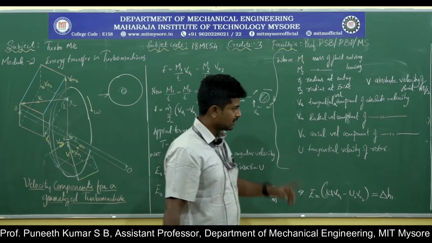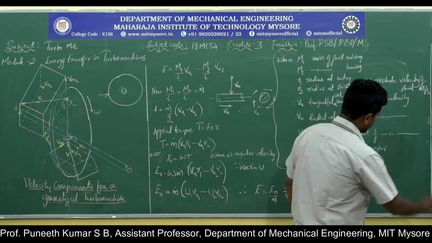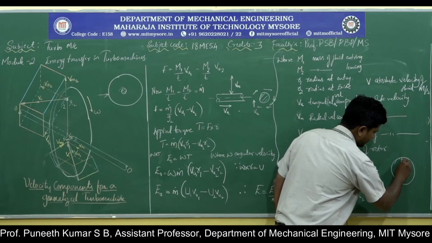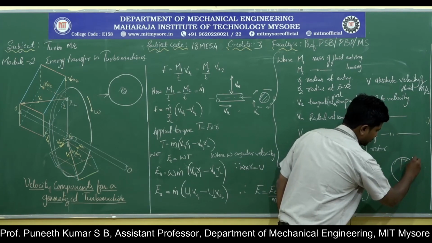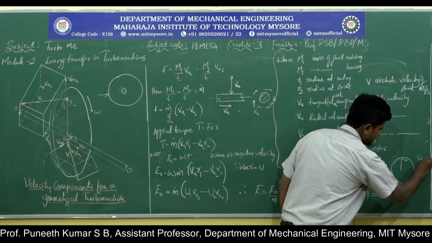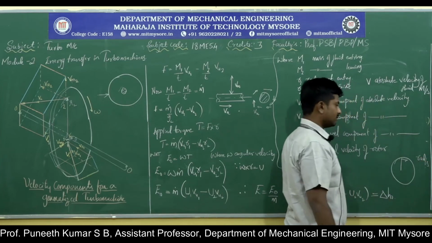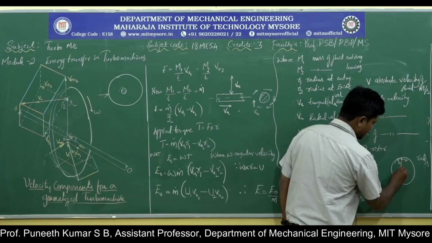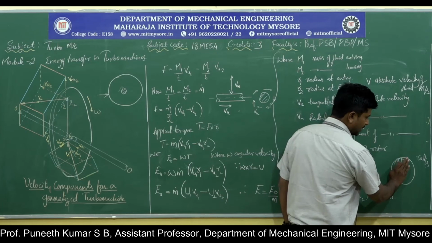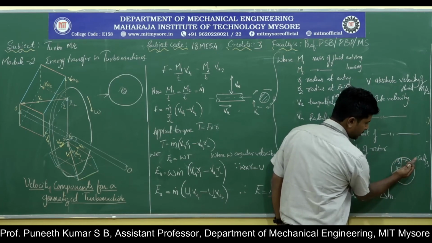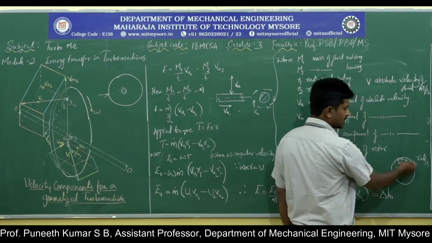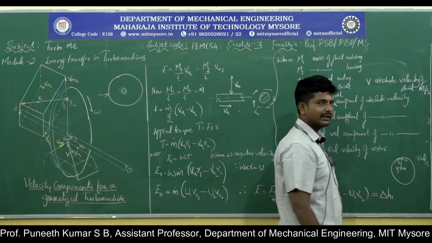Angular velocity, the unit is radians per second, whether I take it at radius r2 or radius r1, the rate of change of angle for both the points will be the same irrespective of the radius.